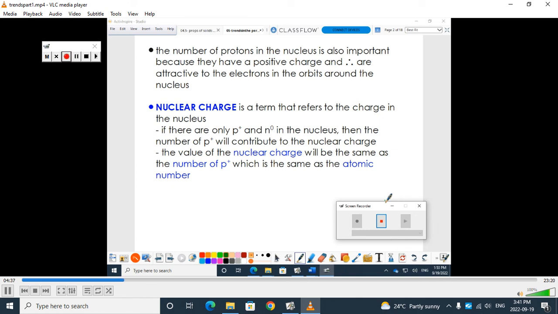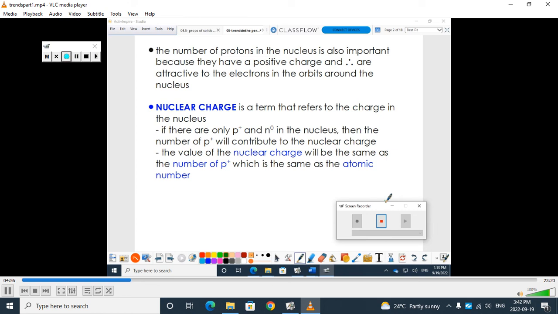But when we're talking about trends, we don't really say the atomic number or the number of protons, we talk about the nuclear charge. When you move to a new atom across a period or row, you are increasing the number of protons, which increases the nuclear charge.